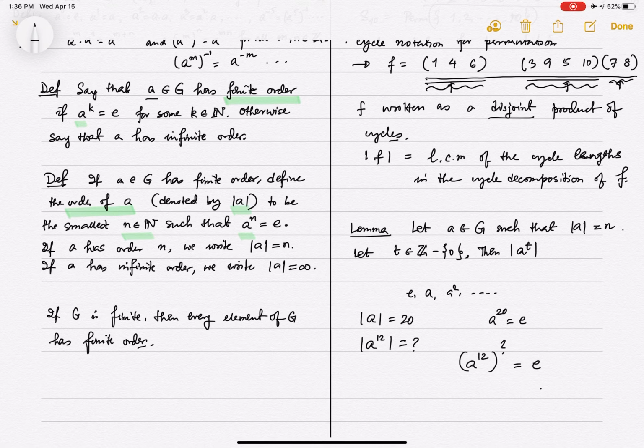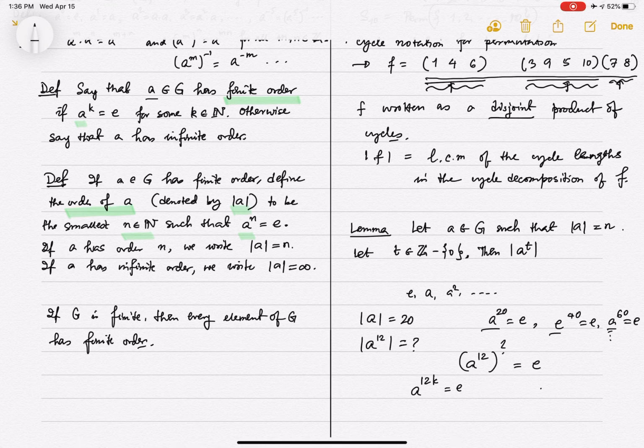I want some k so that a to the 12k is identity, and I want k to be as small as possible. If a to the 20 is e, then a to the 40 is e, and a to the 60 is e, and so on. And we know that these are the only positive powers for which you get the identity.